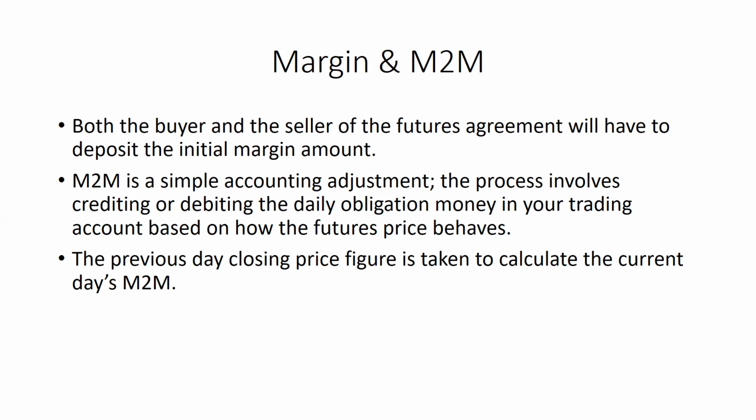Then again the same day's closing price, whether it is 700 or 1,000 rupees, will get updated the next day. So basically this mark to market is based on the position of the previous day and the difference from it. The previous day's closing price is taken to calculate the current mark to market.